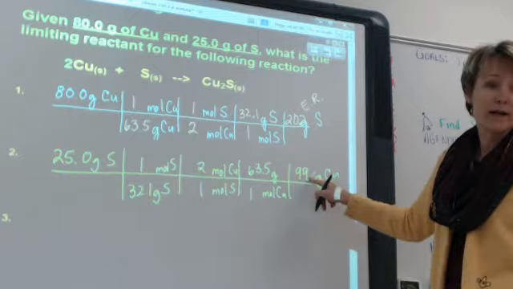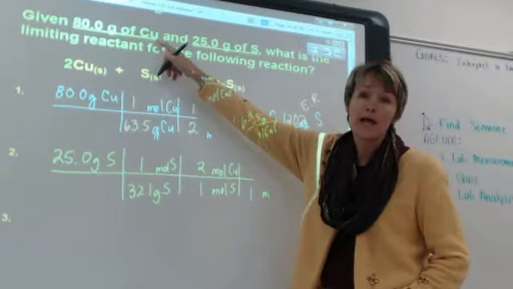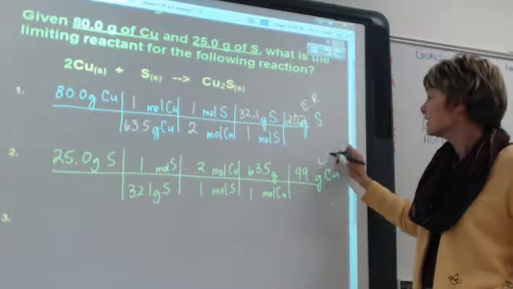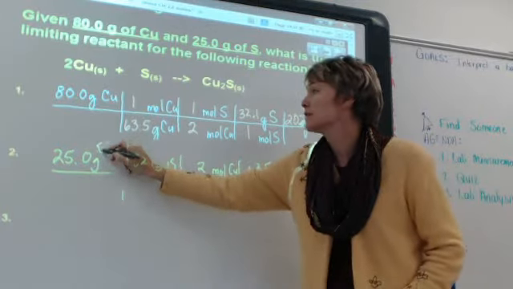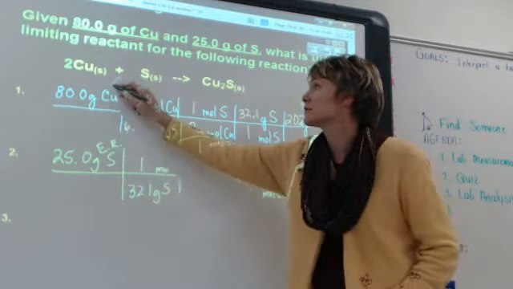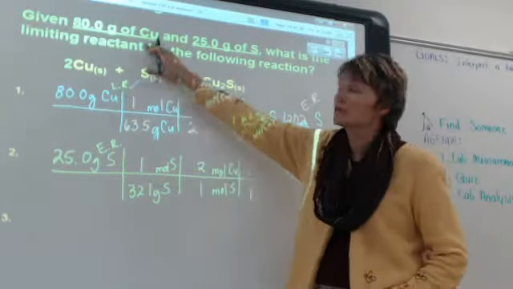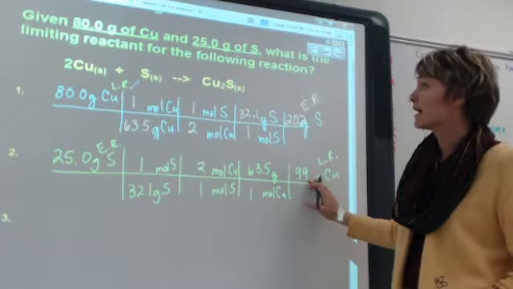And guess what? I don't have 99 grams of copper. I only have 80 grams of copper. So still, copper is the limiting reactant, and sulfur is the excess reactant. So it didn't matter which one of those amounts you started with. You will always end up with the correct limiting reactant.